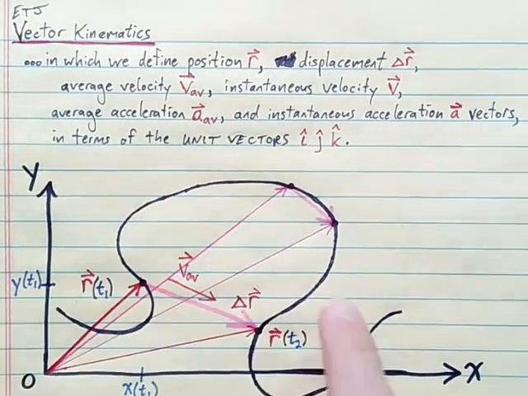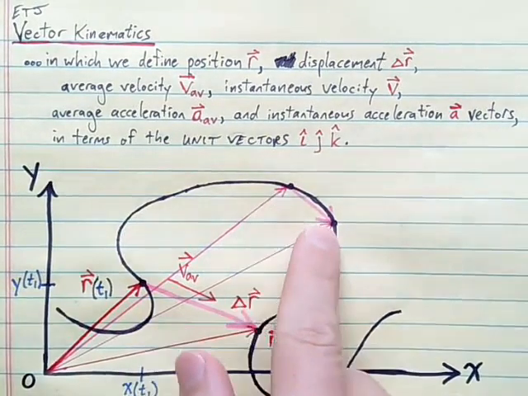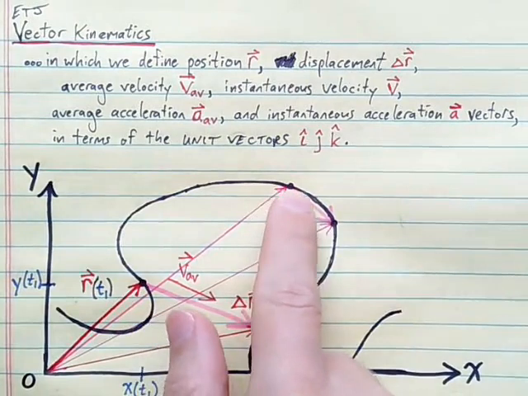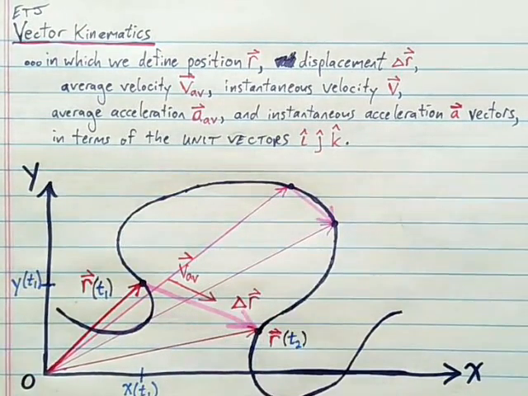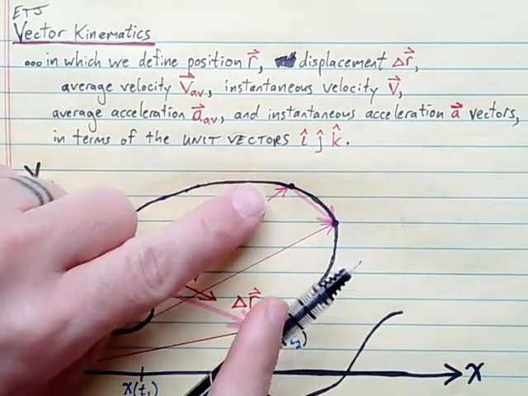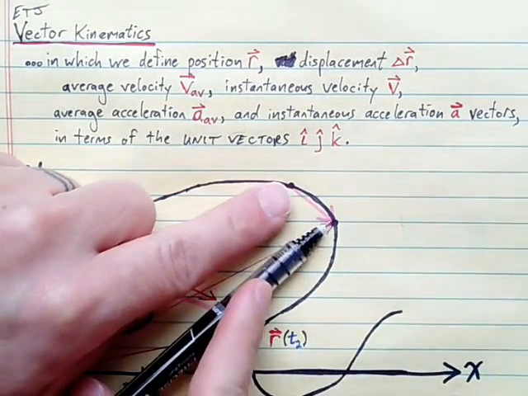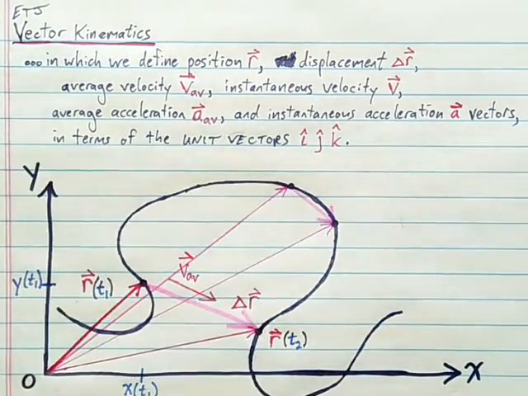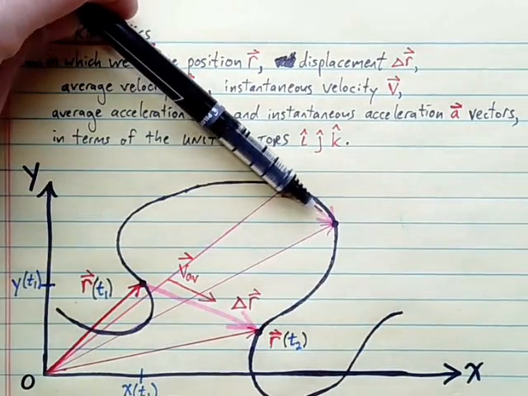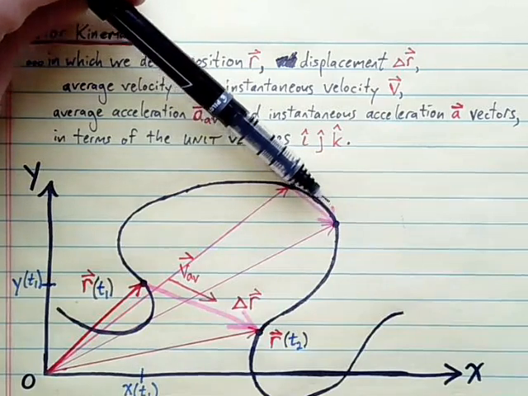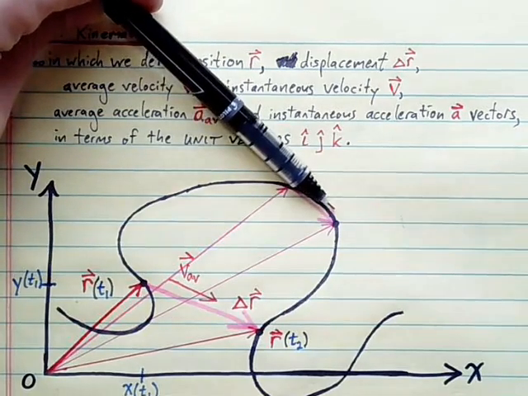And we see that the displacement vector very nearly overlies the actual curved path itself. And we can imagine that the closer these two moments in time get together, the more nearly the displacement vector will be tangent to the path itself.